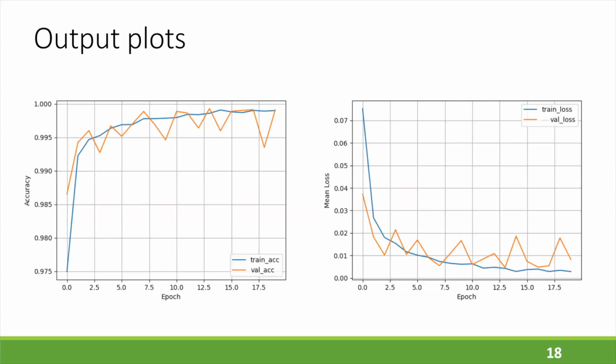So these are the output plots. Here we can see the dependence of classification accuracy and loss on the training epoch. The blue line is training data, and the orange line is validation data. In this graph, we see that the model learns very quickly, and the accuracy and loss lines reach a plateau.